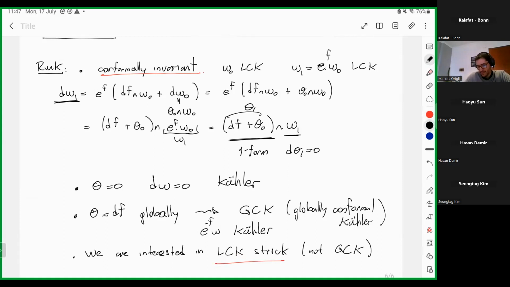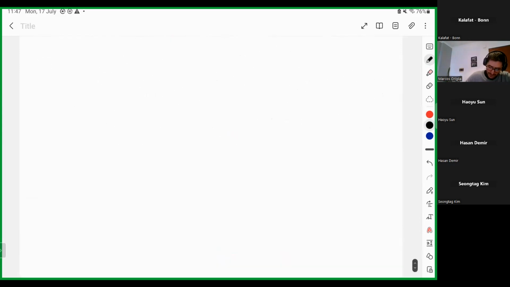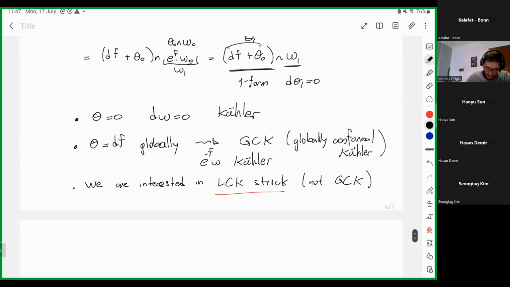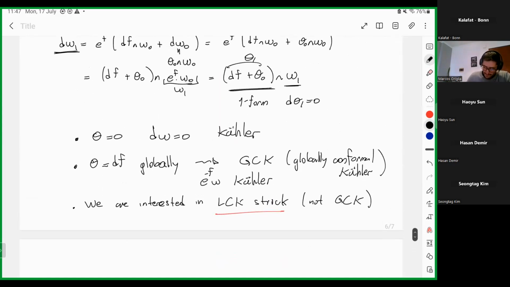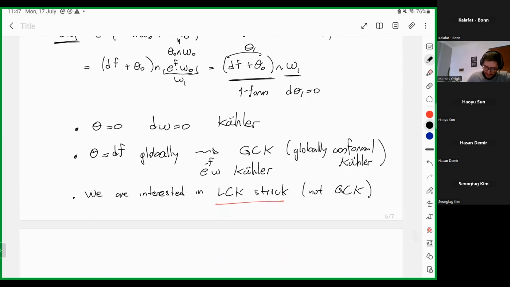So work with that one, which is much better than any other. That's why we are interested in locally conformally Kähler metrics which are not globally Kähler. That's all I want to say about this, as a consequence of the definition.